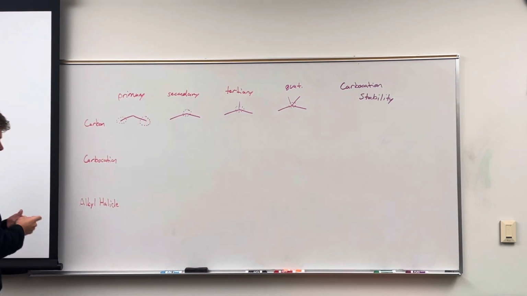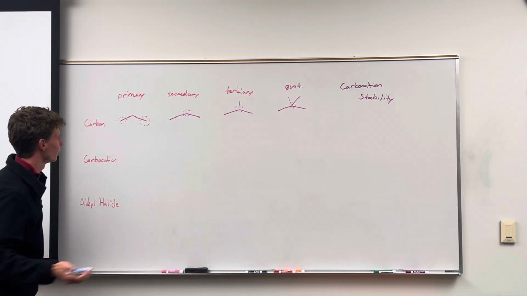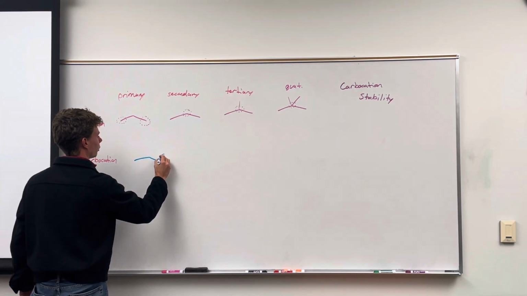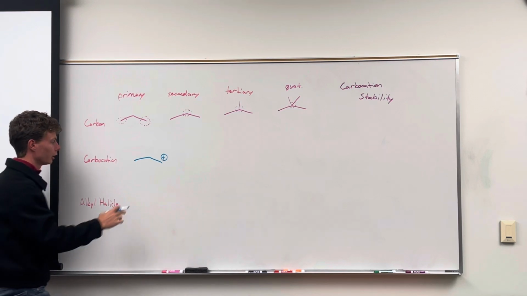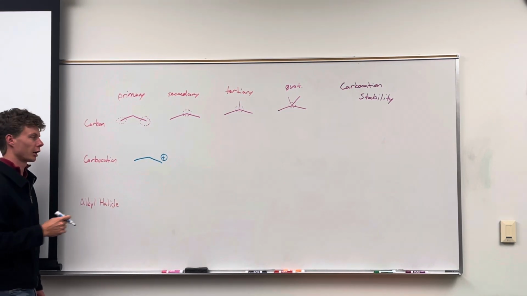All right. Now we can also have carbocations, and it's very, very similar. The carbocation here could be in this location, and the carbon that the carbocation is on is bonded to one carbon. This is a primary carbocation.